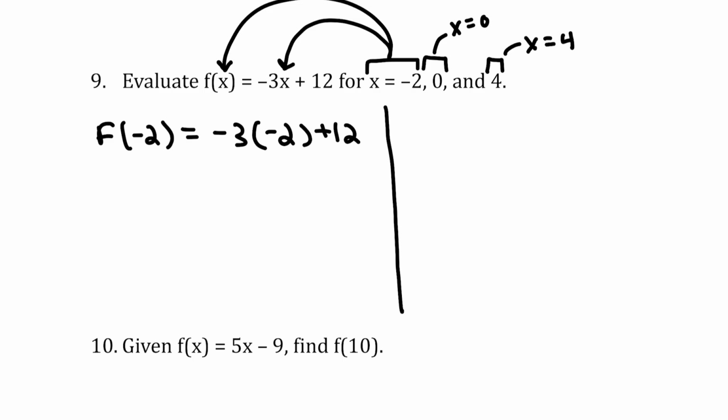So f of -2 is equal to -3 times -2. So that's 6 plus 12. That is equal to 18. So this is saying that f of, I almost put 12, f of -2 is equal to 18. So we solved that part.